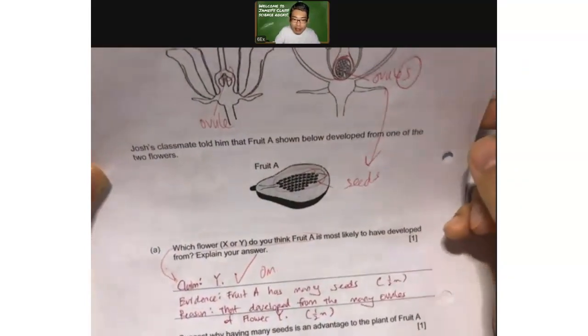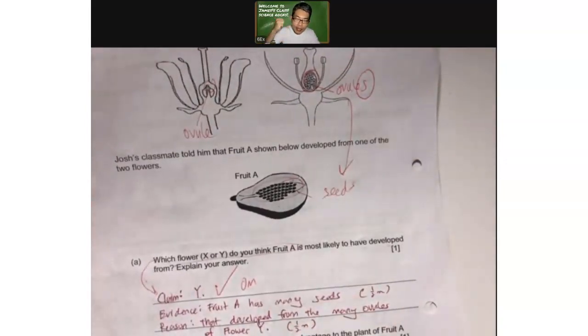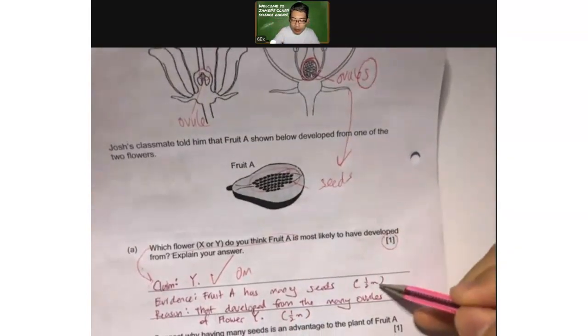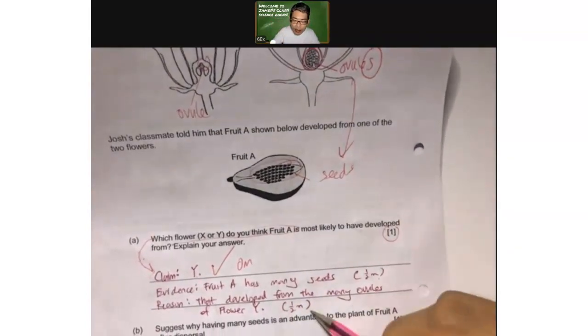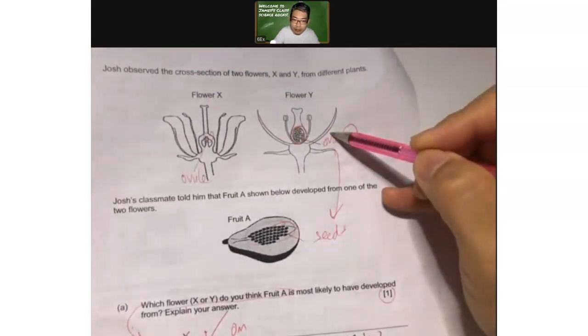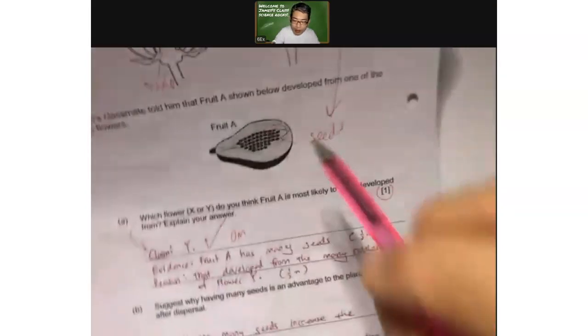Let's explain the answer. Usually the explanation must come with 2 parts, your evidence and your reasoning. If it's a 1 mark question, the 1 mark is split between the evidence and the reason. Fruit A has many seeds, right here. And flower Y has many ovules, right? That's an observation.